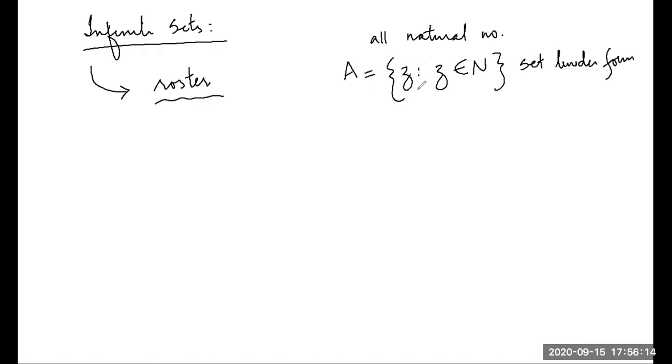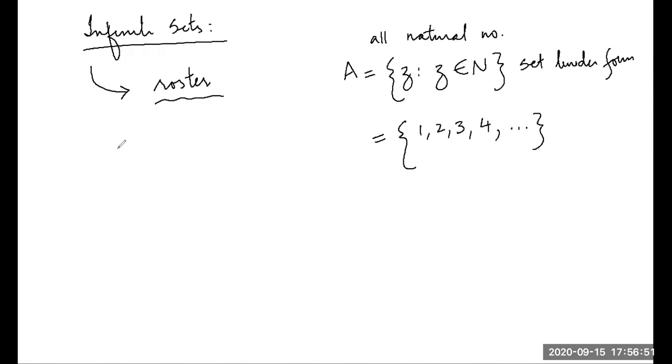But we can as well represent this set in roster form. We will write a few elements of that set. The first natural number is 1, 2, 3. You may write 3 or 4 elements, put a comma and put 3 dots, close the braces. This is the way we can represent an infinite set in roster form.